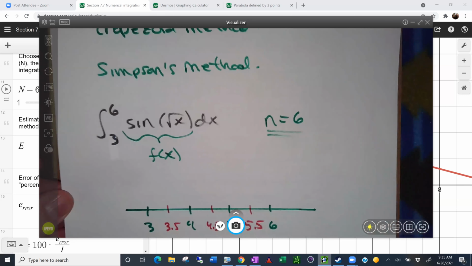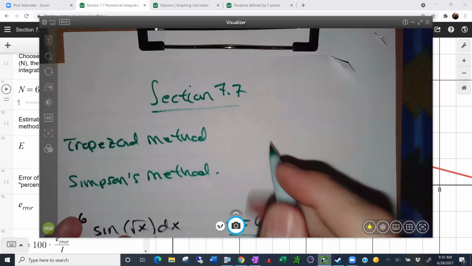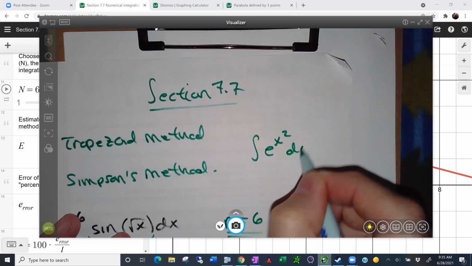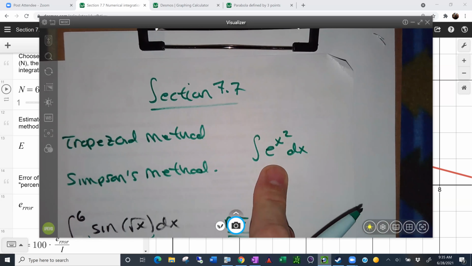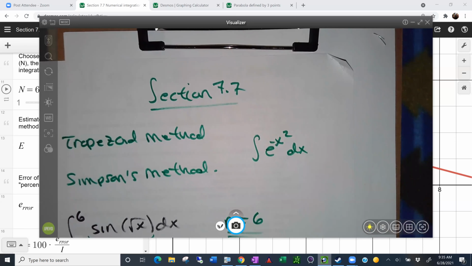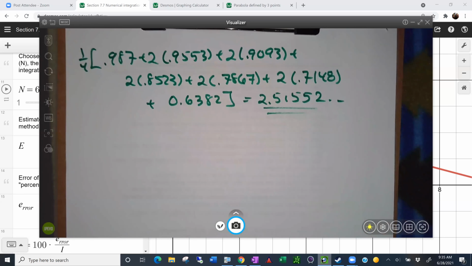A very famous, very simple one is the integral of e to the x squared, or e to the negative x squared. It comes up in statistics. There's no antiderivative there. And yet we need to work with that formula all the time. There's a lot of statistics that are based on that.